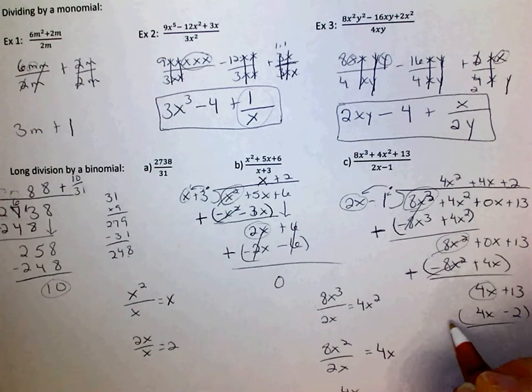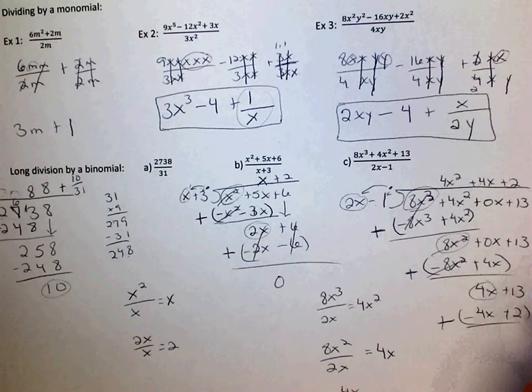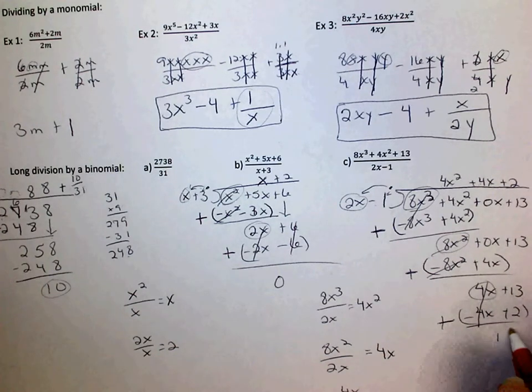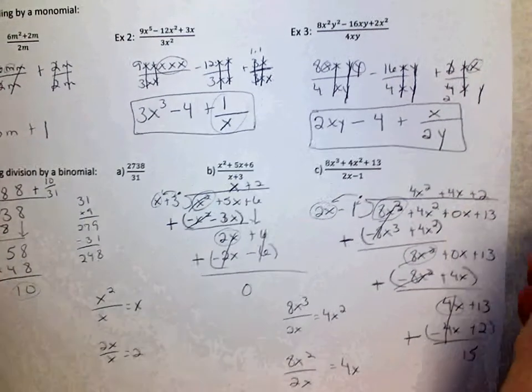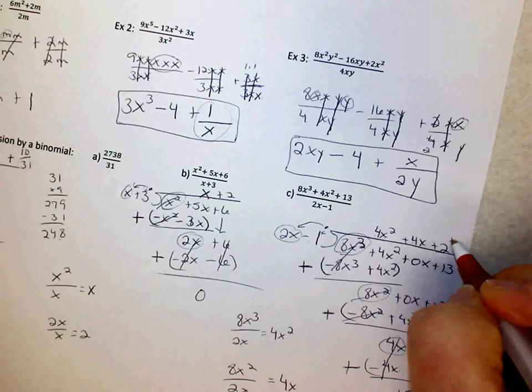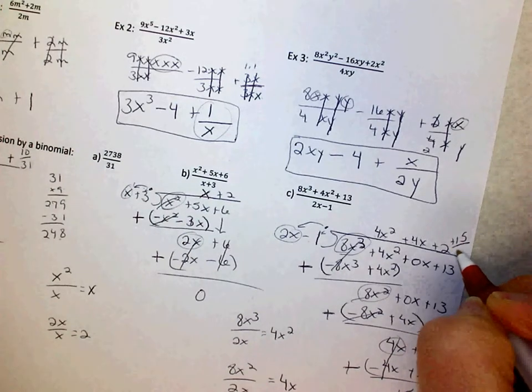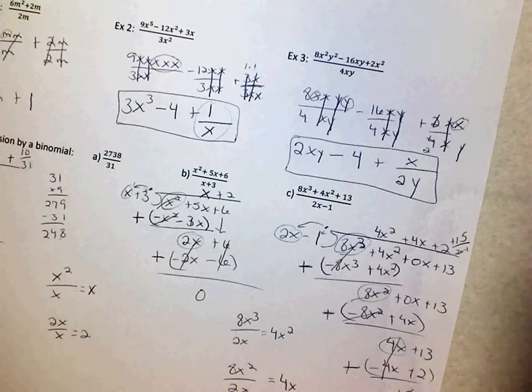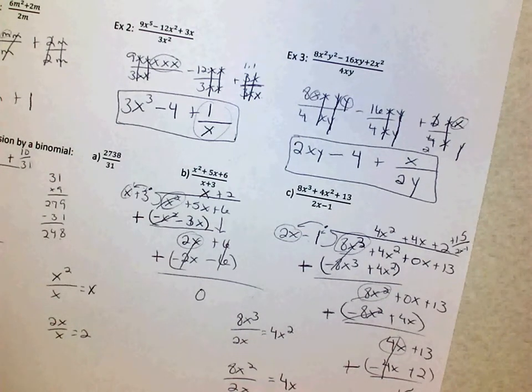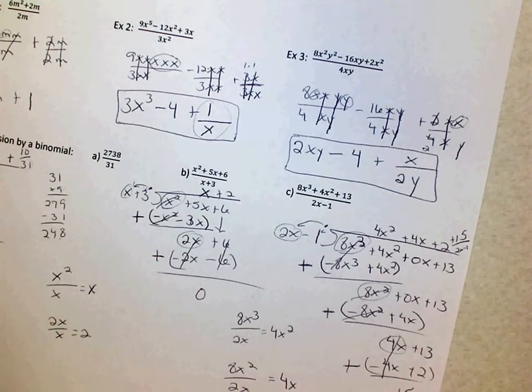Subtract, so chop, chop, chop, and we're adding. So that goes away. 13 plus 2 is 15. So we come over here and we say plus 15 over 2x minus 1. And I know that's really tiny. If you need me to go over it again with you in class, I'll be very glad to do that.